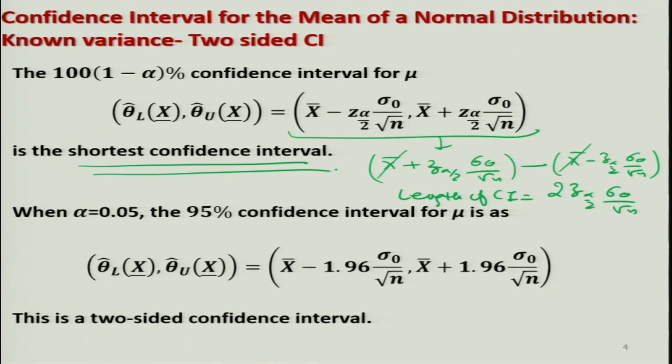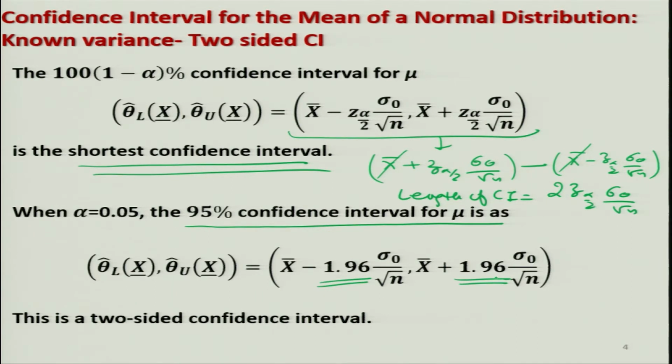So, for example, if you take alpha equal to 0.05, then this interval will be called the 95% confidence interval for mu. And the value of z alpha by 2 for alpha equal to 0.05 will come out to be 1.96 from the table.